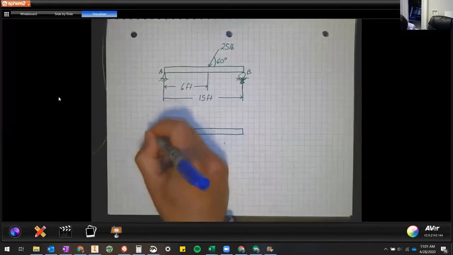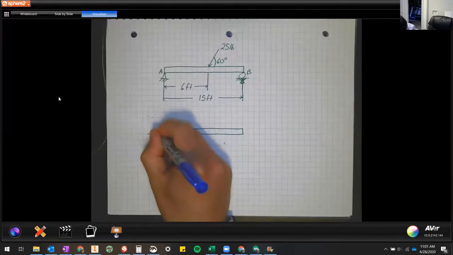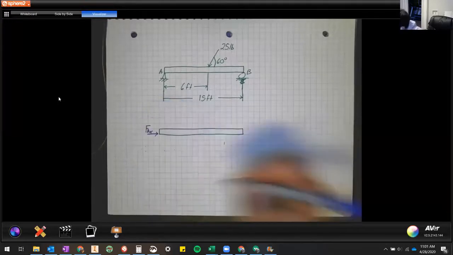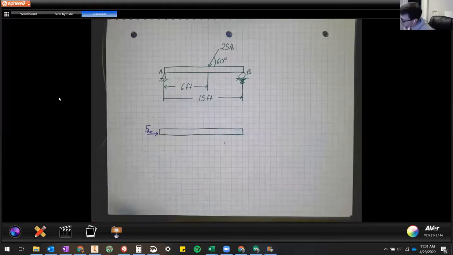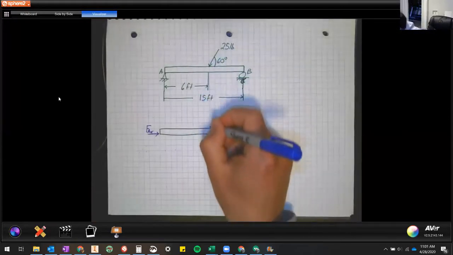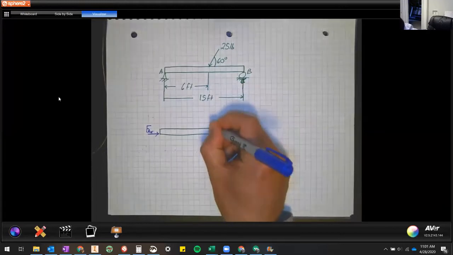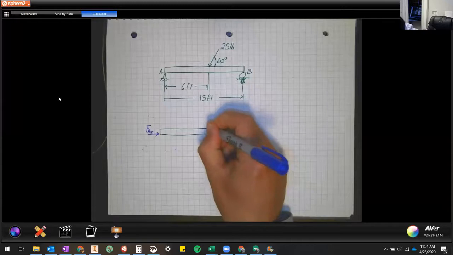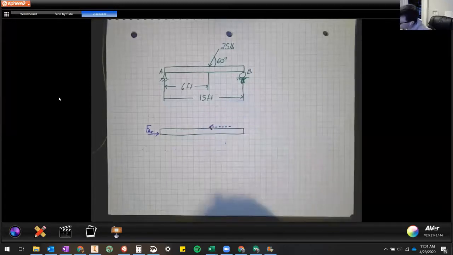So at point A, I would have a reaction force, and I'll call that FAX. And since I have my blue out, I have my component of that. And since it's a component, it's not a true force, I'm going to draw it as a dashed line.